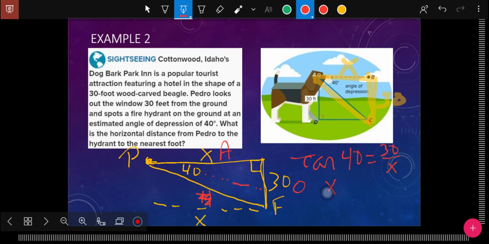If I cross multiplied, I'd have to divide, so I end up getting 30 divided by tangent 40. I encourage you to do that in your calculator right now and round it to the nearest foot. What do you get? Hopefully you got 36 feet. It's like 35.75, and that rounds up to 36.